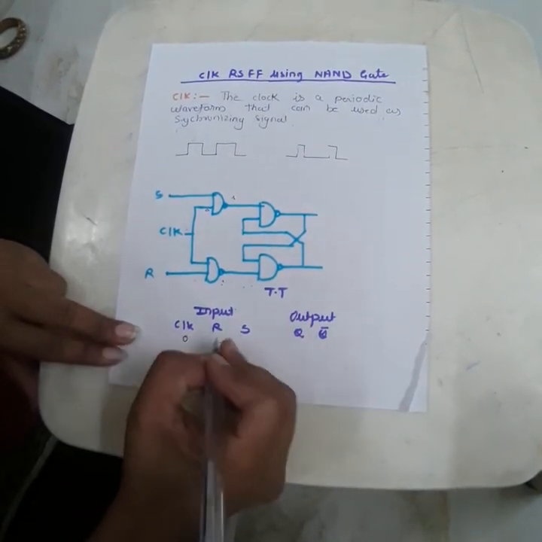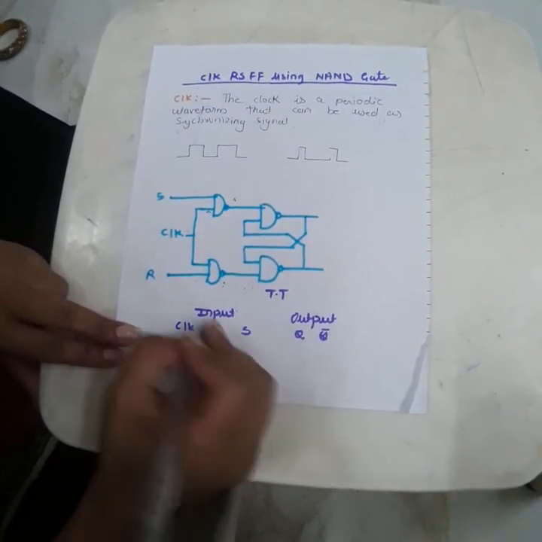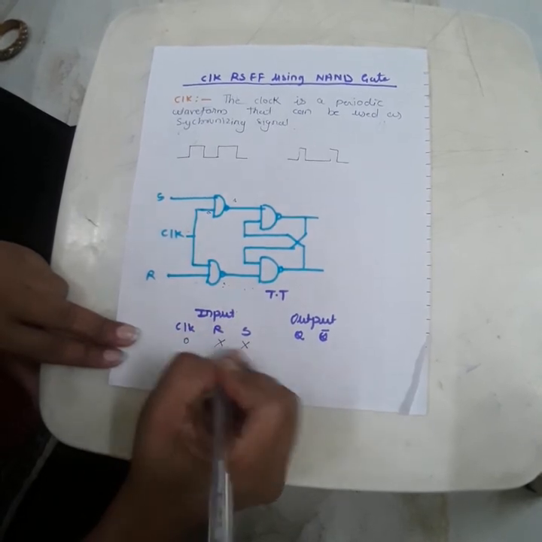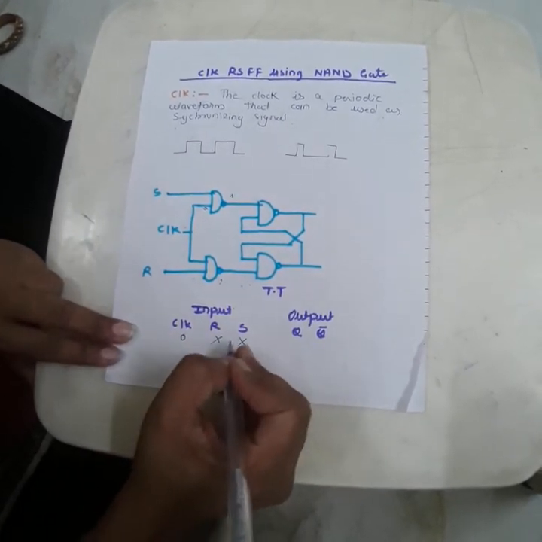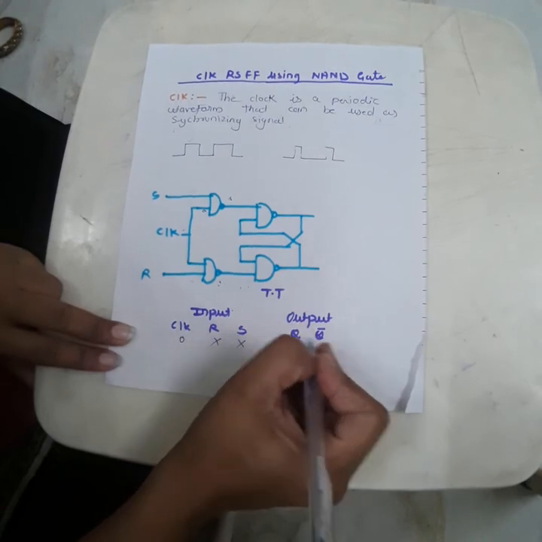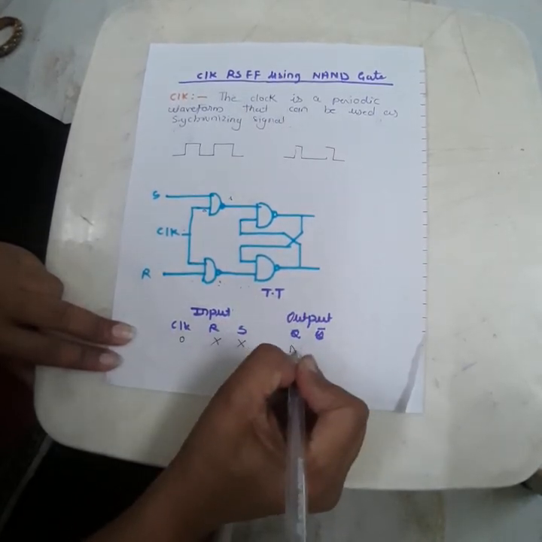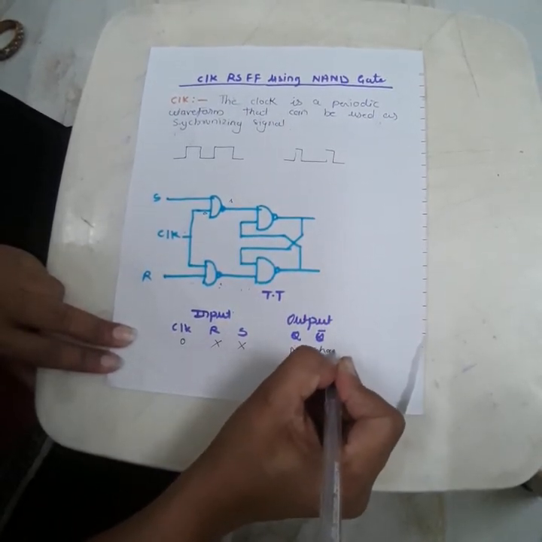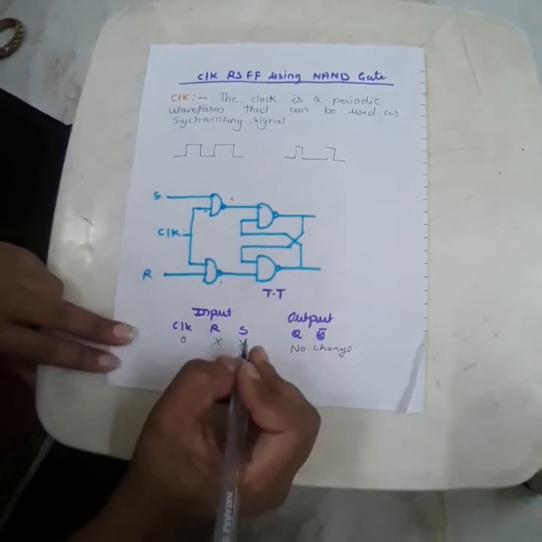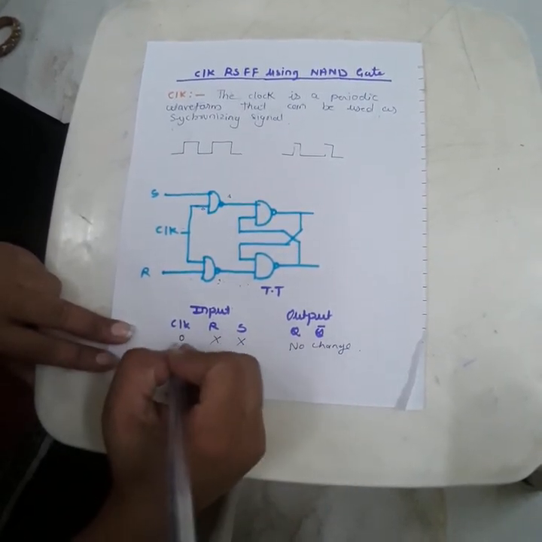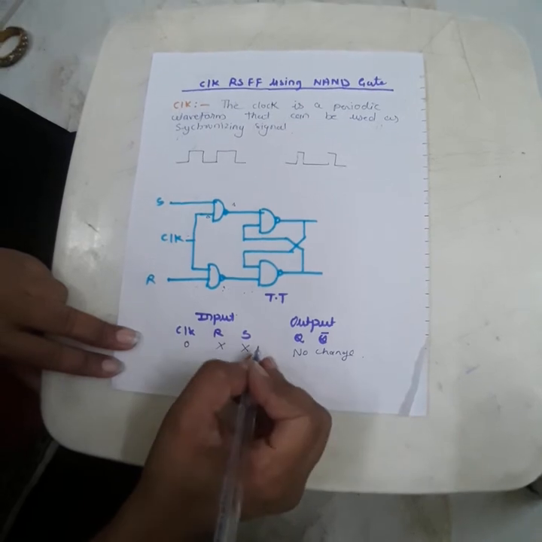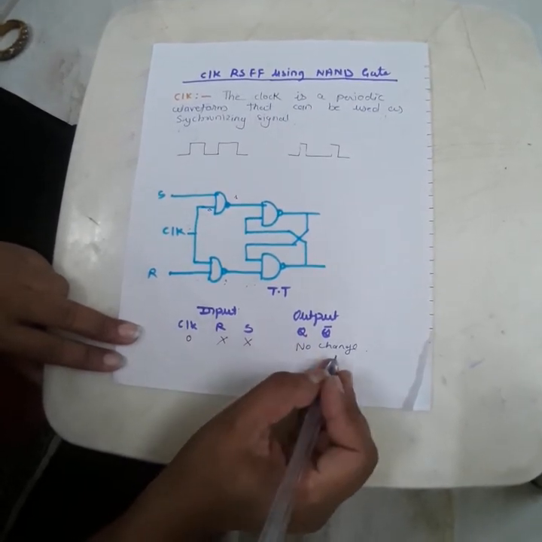So clock equals 0, irrespective of R and S, which are in the don't care condition, Q and Q bar are in the no change condition.